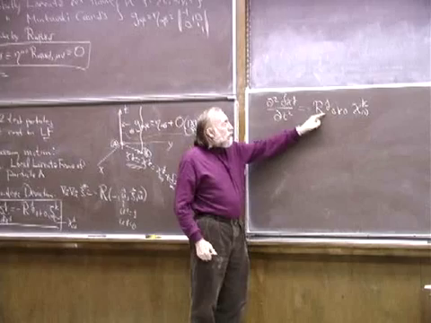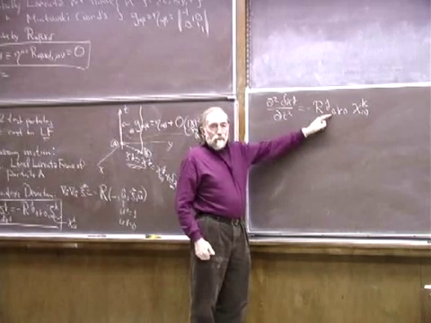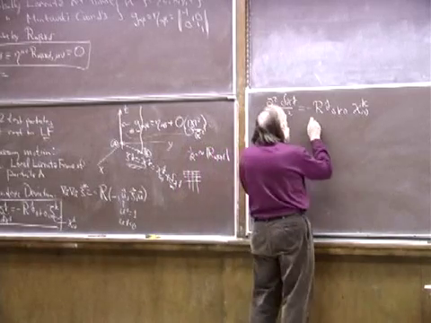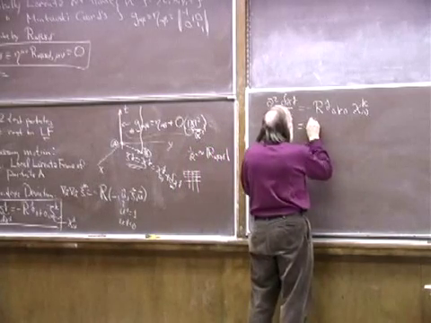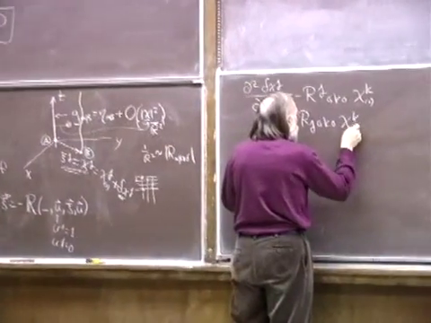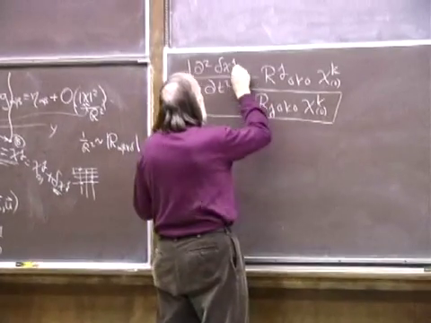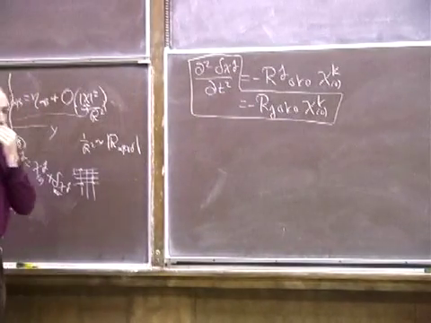Components don't change. If I raise and lower temporal indices, I flip a sign. Okay. And so I'm going to rewrite this as minus R down J0K0 x^k unperturbed. So that then is the form I want to use for the equation of geodesic deviation.